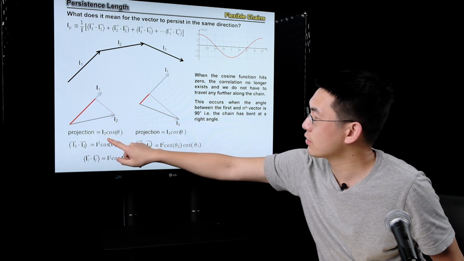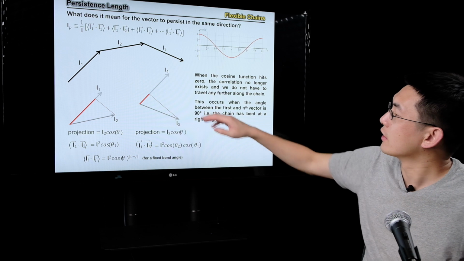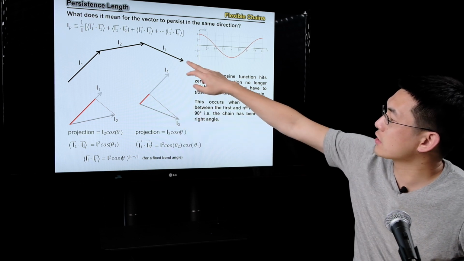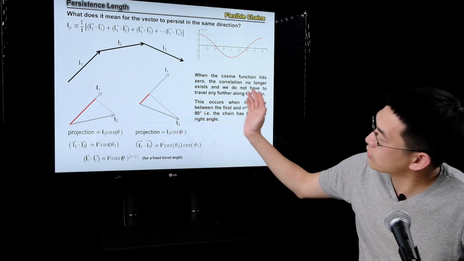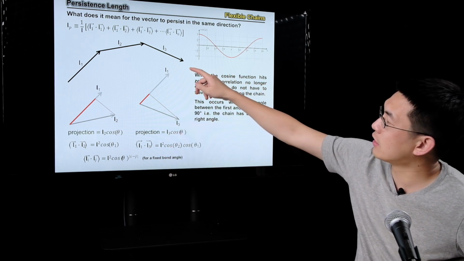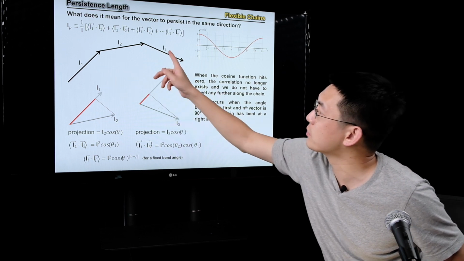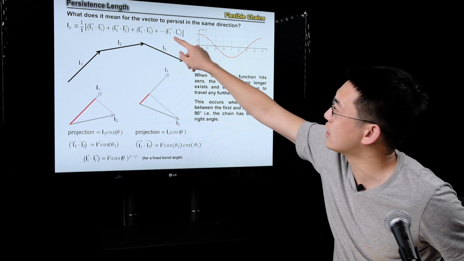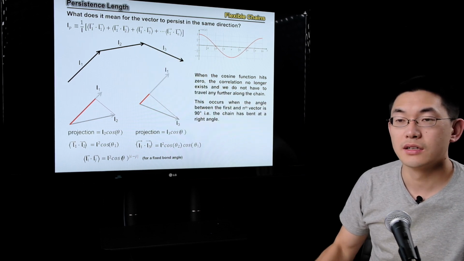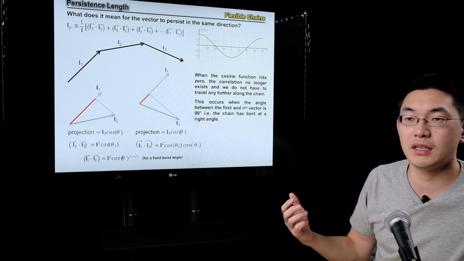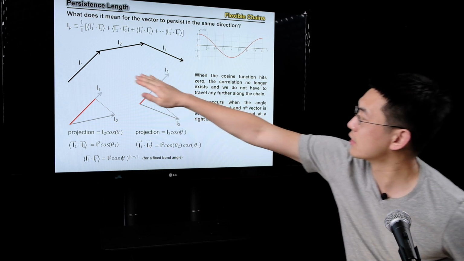This will be equal to L squared cosine theta, right? And you would also have the projection of the third one. You need to consider 2 projections. L3 projection to L1 will be the first projection in the L2 direction, then the L2 projection to the L1 direction. So there are multiple projections happening, and you lose directionality the more you bend.